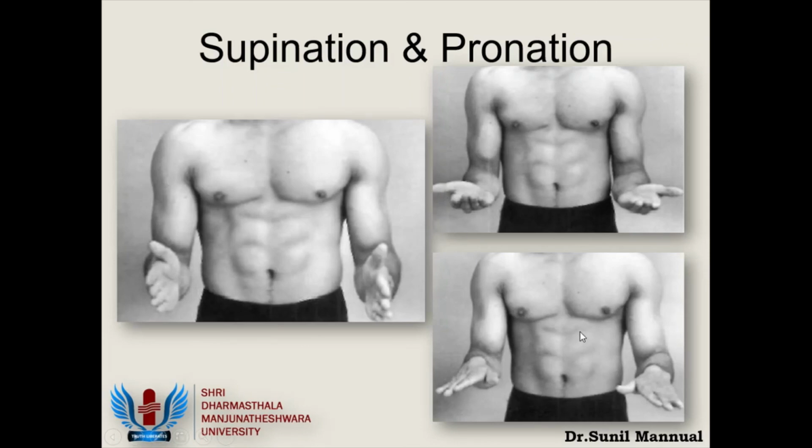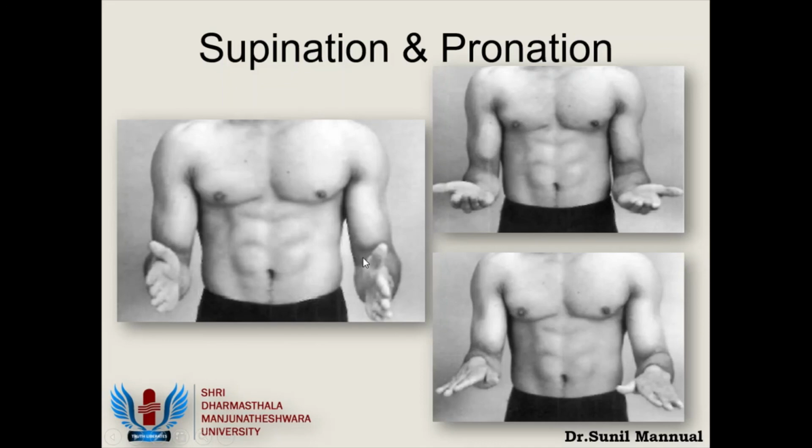Now there is a small error in this photograph. You will notice that here his hands are by the side, his elbow is by the side of the body. So whenever you are checking for supination and pronation, it is very important that you tell your subject that the medial side of the elbow should be touching the body. That's important because if the elbow is not touching the body, then your measurement of supination and pronation will be erroneous.